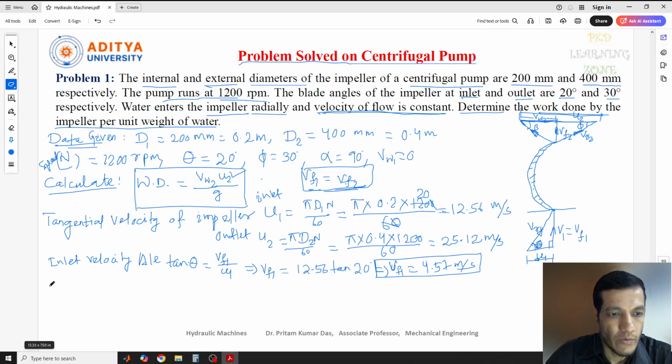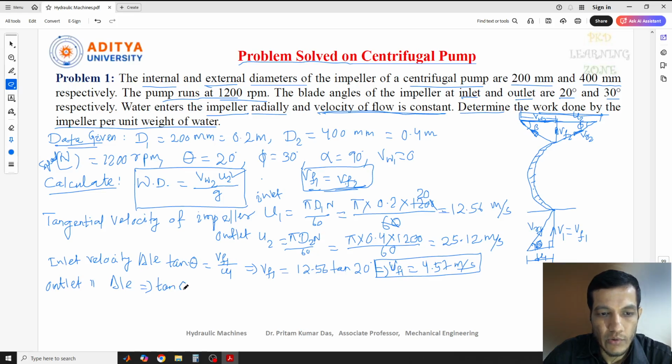Now again we'll go for the outlet velocity. At the outlet velocity triangle, the same thing again, I am going to consider the tan phi value. So tan phi equals what? This is our tan phi, angle phi is there. So what I can write here is VF2 by, see, here I need to write this value, but this value is not given, correct?